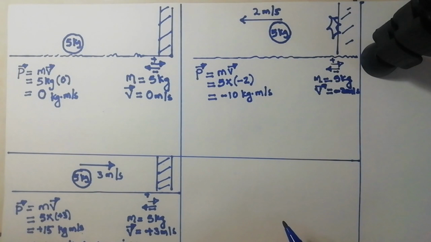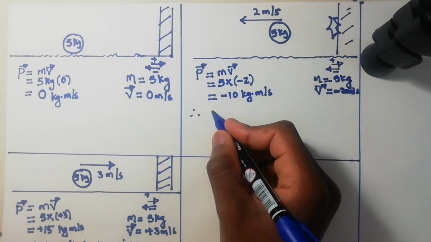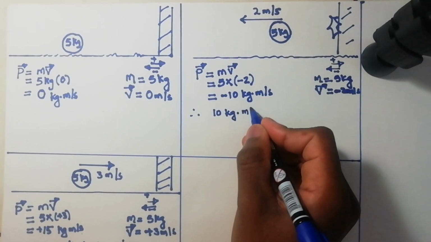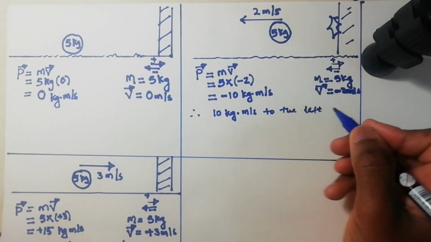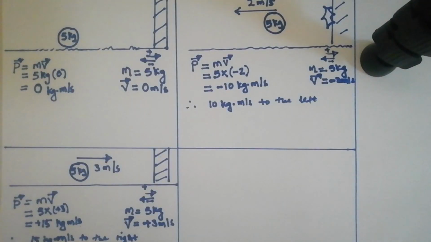Your momentum value is negative, so you have to conclude, therefore the momentum of the ball is 10 kilograms meters per second to the left, or to the negative direction. When you state the directions, please be aware that you must ignore the signs.